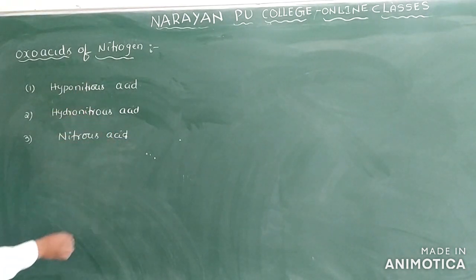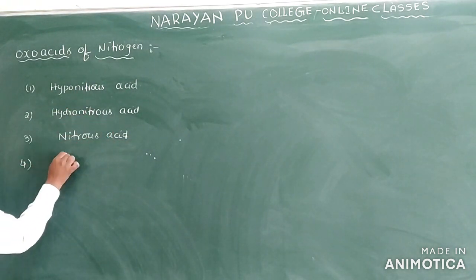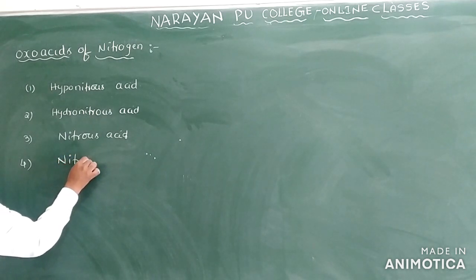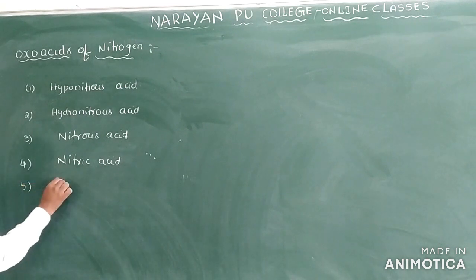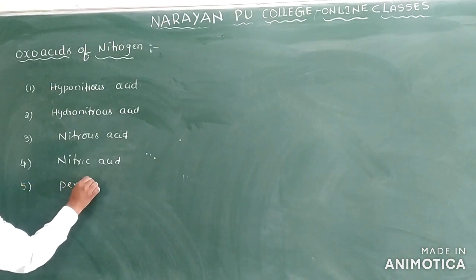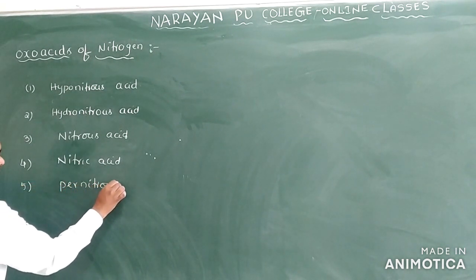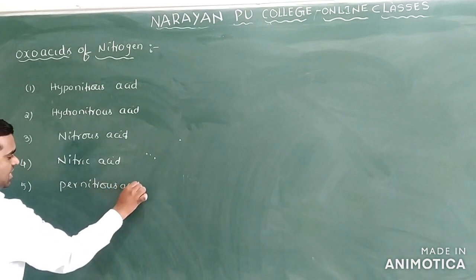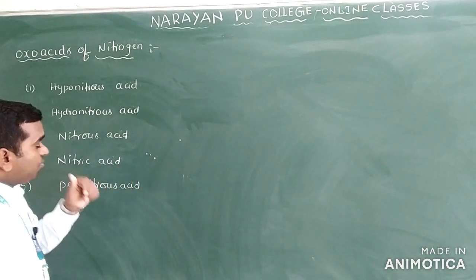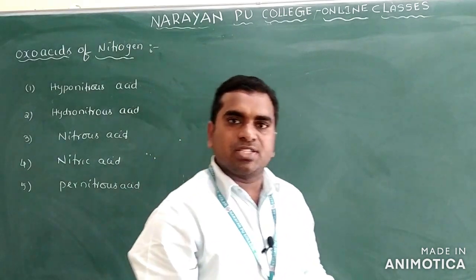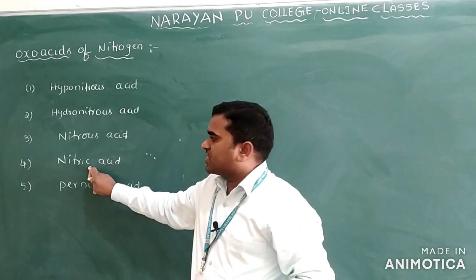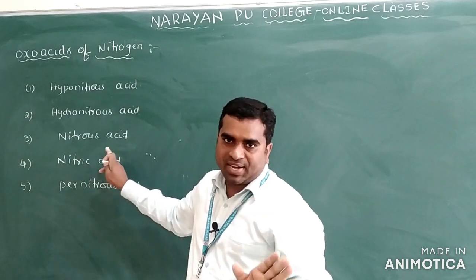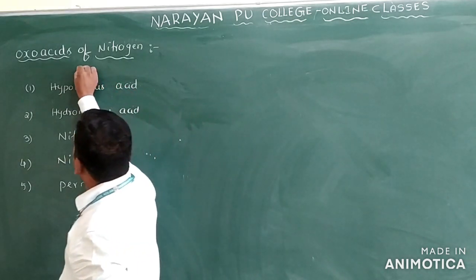I will write the formulas also. The fourth one is nitric acid. And the fifth one is pernitrous acid. These are the 5 oxyacids of nitrogen. Among all, which one is the stable one? Nitric acid.